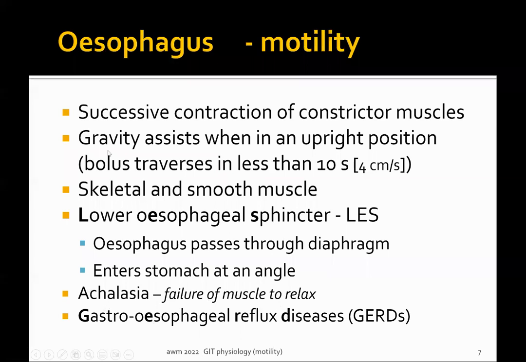The other problem that you can get is gastroesophageal reflux disease. Yeah, it's not one disease, there are very many conditions and things that would cause a reflux disease. Okay, one of the things that they would complain about is heartburn.